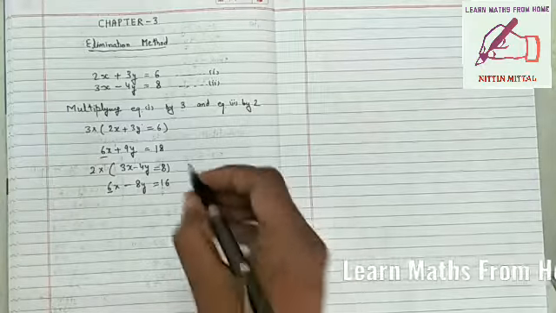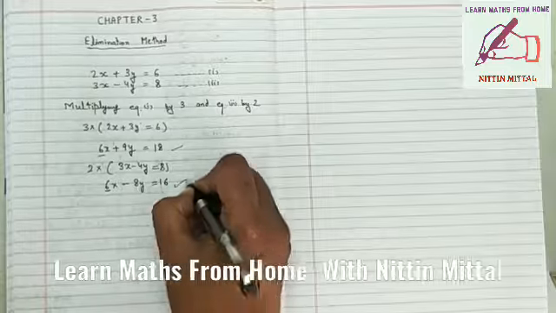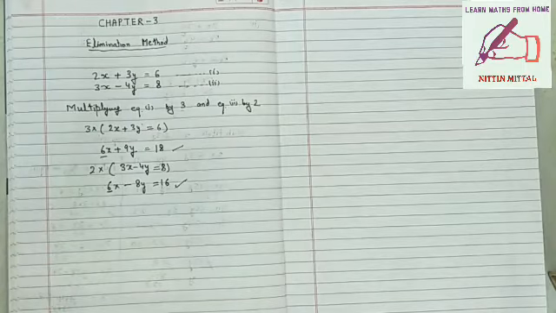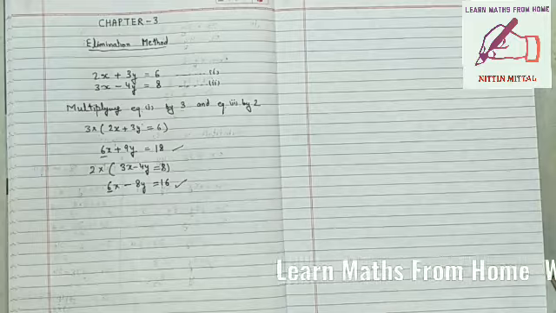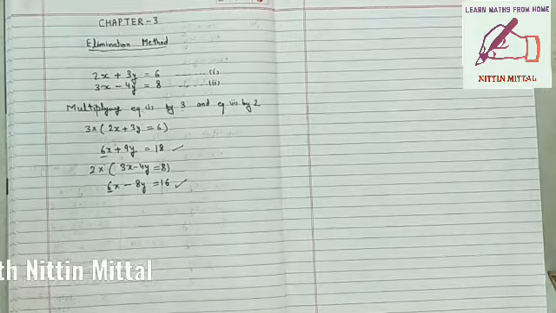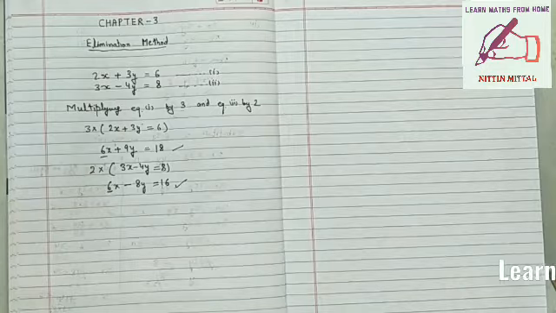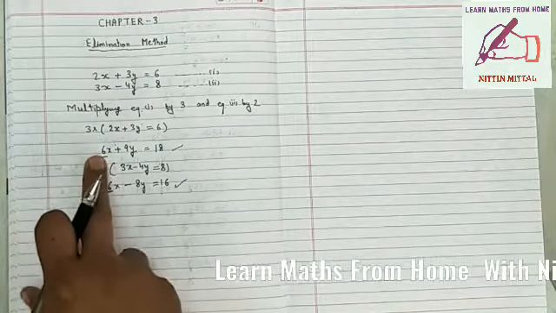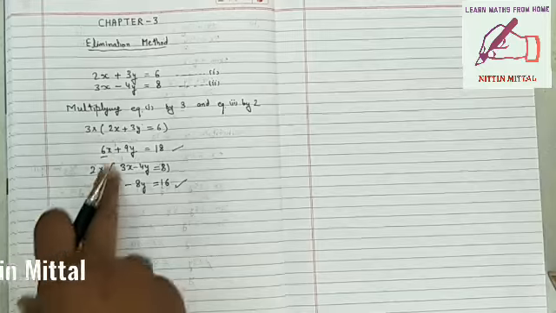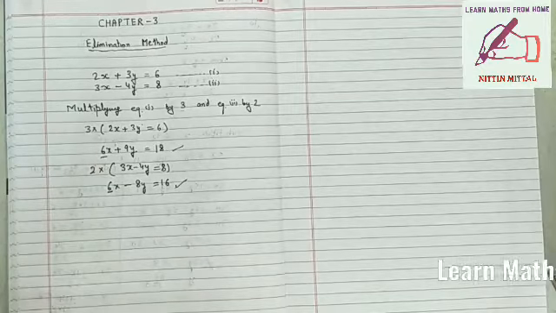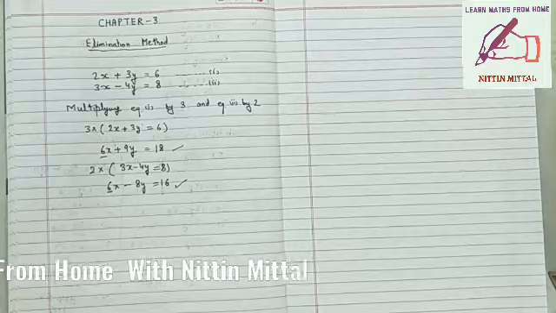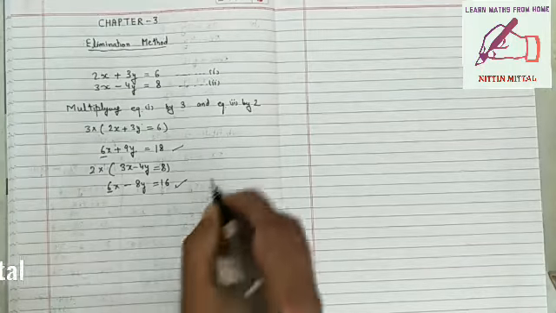Now the next step is we have to decide how we can eliminate it. We have these two equations now. To eliminate, we know the signs of the term that we want to eliminate must be opposite. Only then can we eliminate. But here 6x is positive, here also 6x is positive. So to eliminate, I am going to subtract one equation from the other.